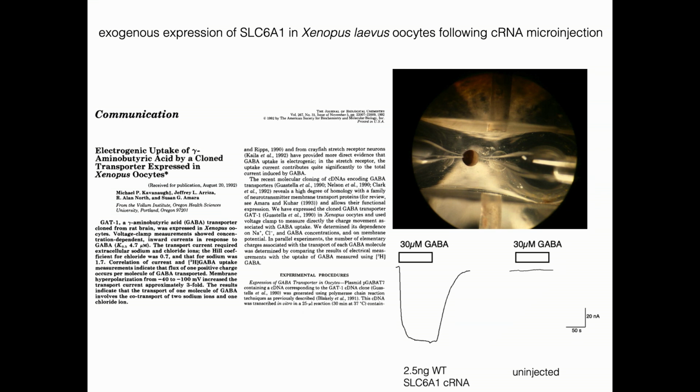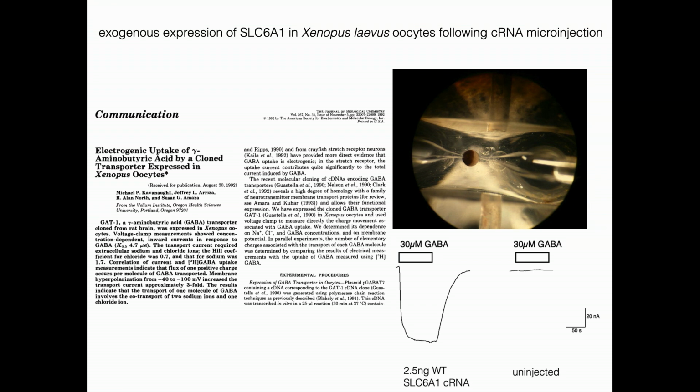It's essentially using a system called Xenopus laevis oocytes, and these are oocytes we can collect from frogs. They're tiny eggs of the frog, and we can inject RNA into those oocytes, and then they will express whatever gene you transcribe the RNA from. And so you can see what happens when you do that.